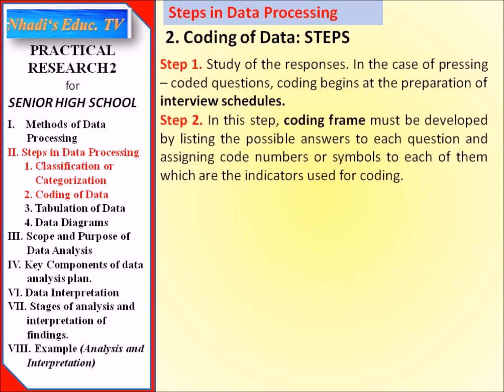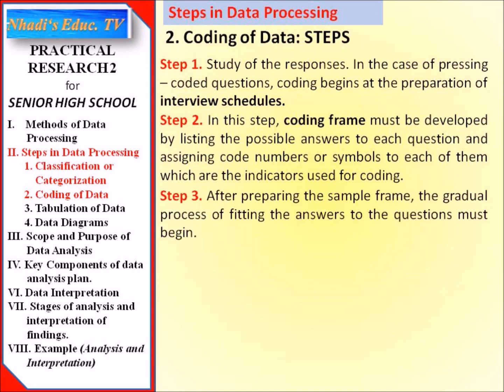Step 2. In this step, a coding frame must be developed by listing the possible answers to each question and assigning code numbers or symbols to each of them, which are the indicators used for coding. On the third step, after preparing the coding frame, the gradual process of fitting the answers to the questions must begin.